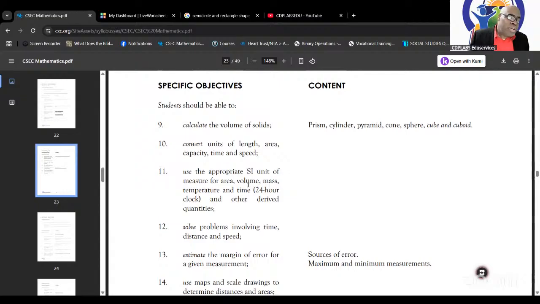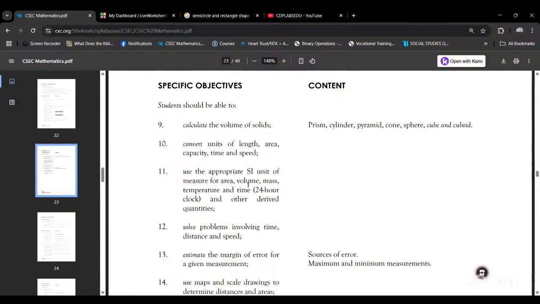When you convert units of length, area, capacity, time, speed, for instance, a length was in centimeters and we want to convert it to meters, or to kilometers, you have to learn to do those conversions. Make sense? So practice these things, right?